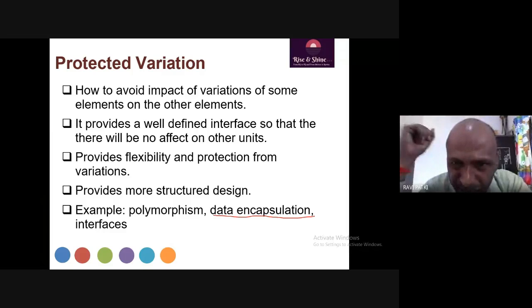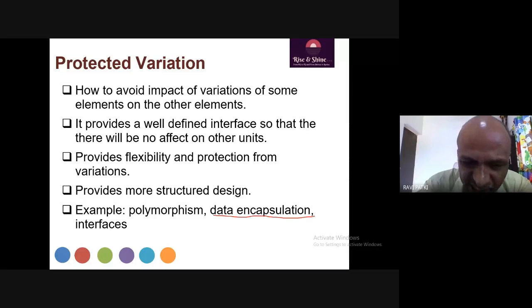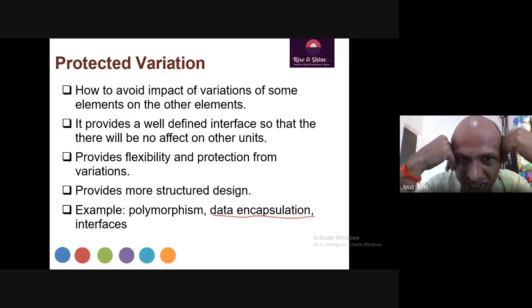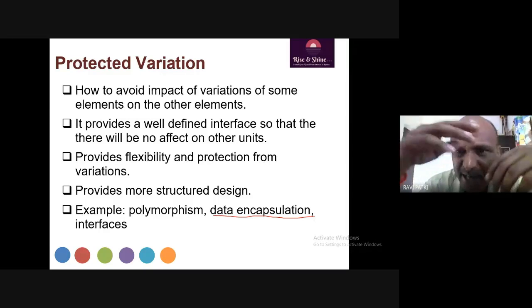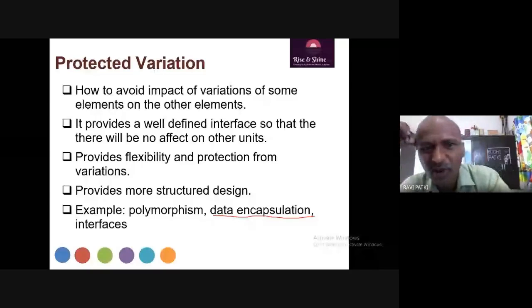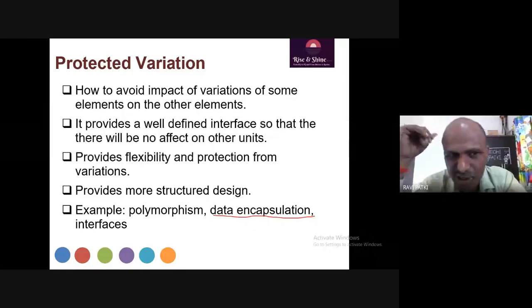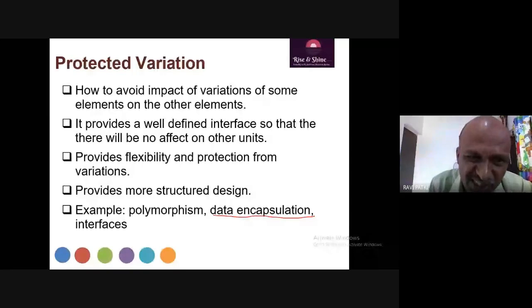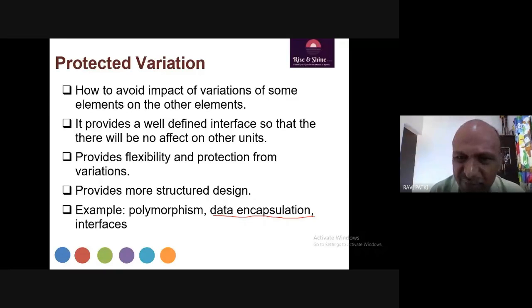How to avoid the impact of variation? That is, if the outside world does not have access to that data, obviously the impact of variation gets avoided. So how to avoid the impact of variation of some element on other elements? Obviously, what does the protected variation principle say? It provides well-defined interfaces so that there will be no effect on other units.